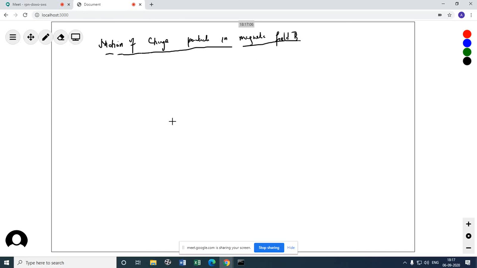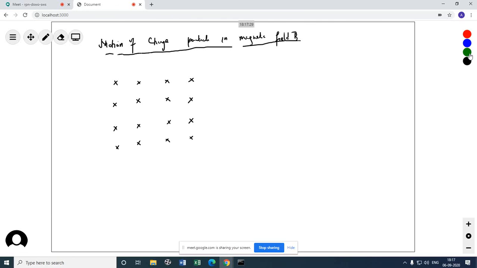So you see, let's say this is any charged particle, and this is any magnetic field which is perpendicular to the plane of the paper, right?